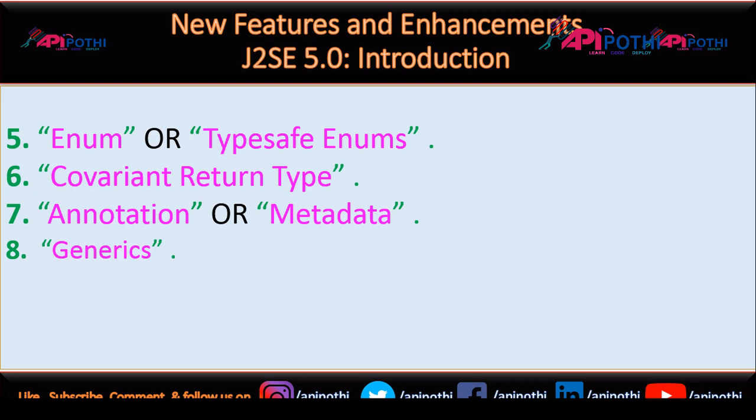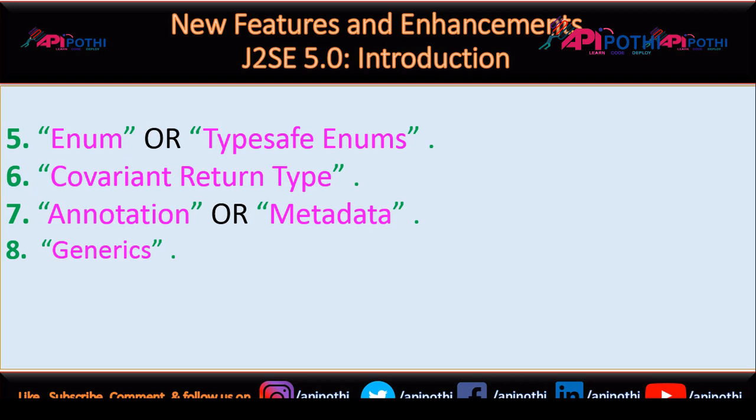Like Number and Integer, or Object, which is the parent of everything, and Object with String, Object with Integer. These relationships are called covariant return type, which is very good actually.